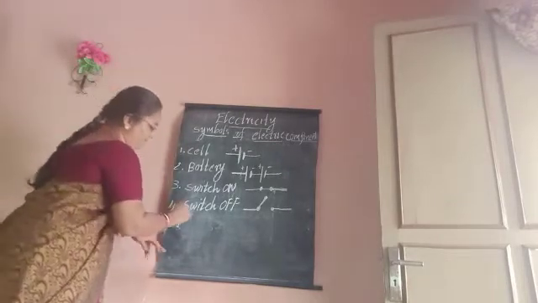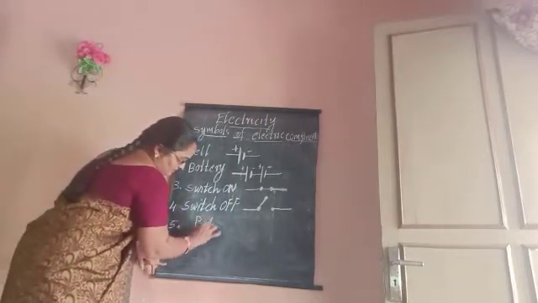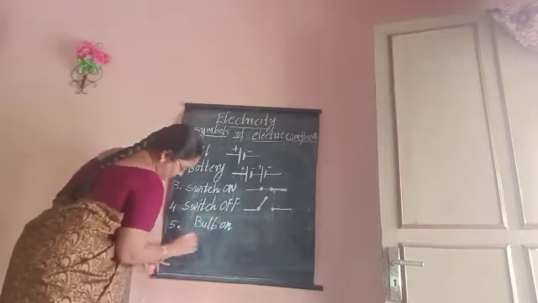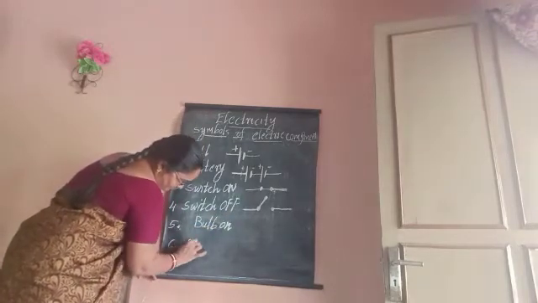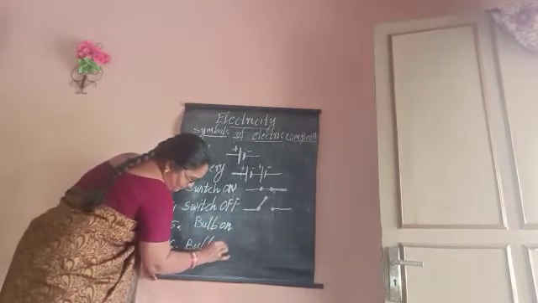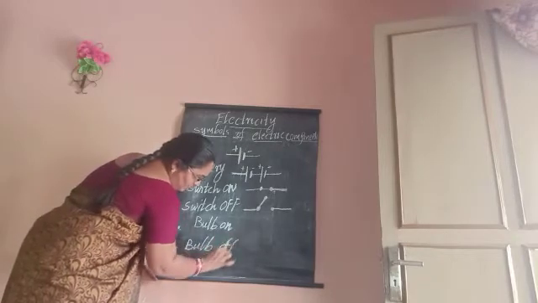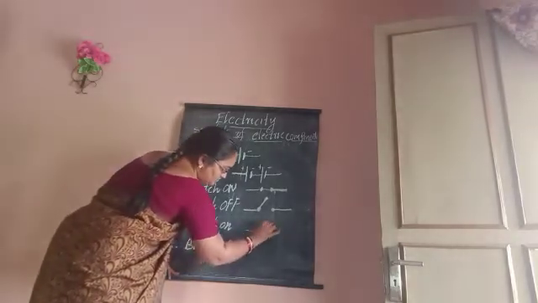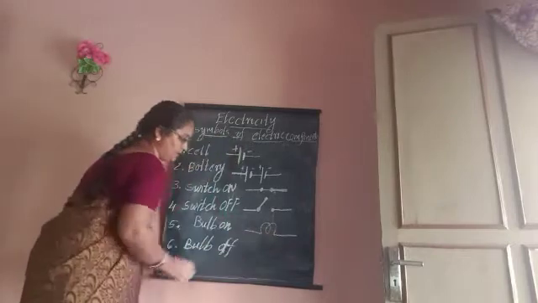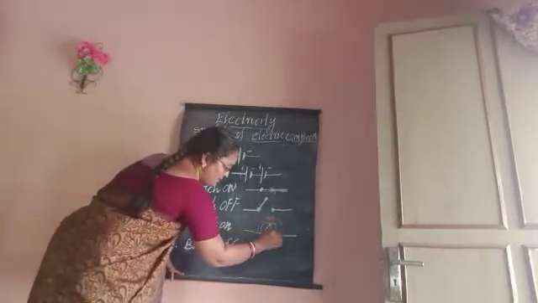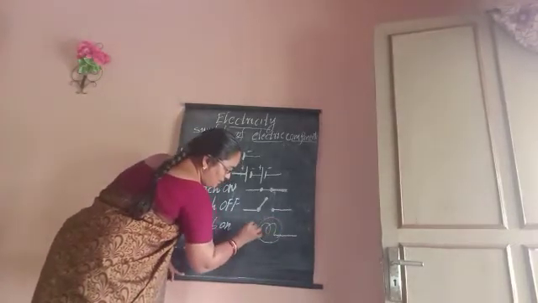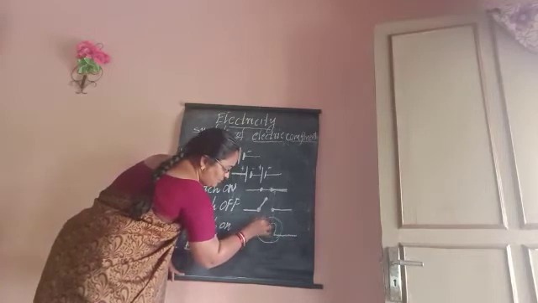Next, bulb. Bulb on, bulb off. Bulb on means it will glow.